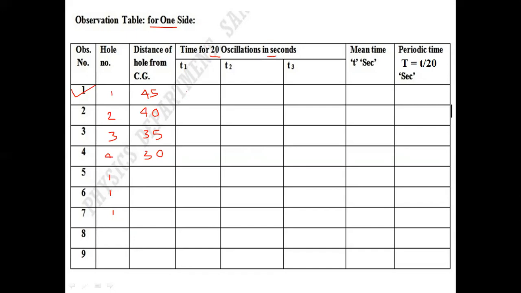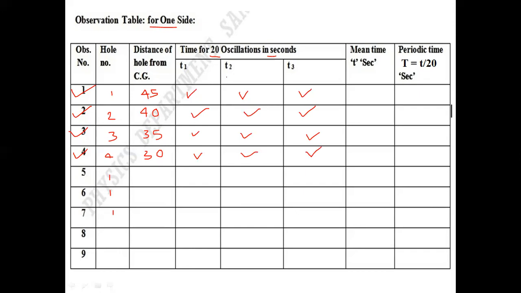Find the time for the first, then second and third observation. Then similarly change the hole, that is change the position of the knife edge, and find the time for 20 oscillations in seconds. Then change the hole, and so on, you can carry out the experiment.